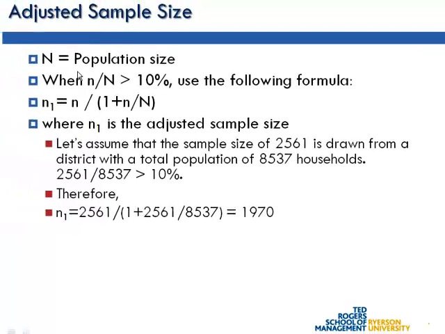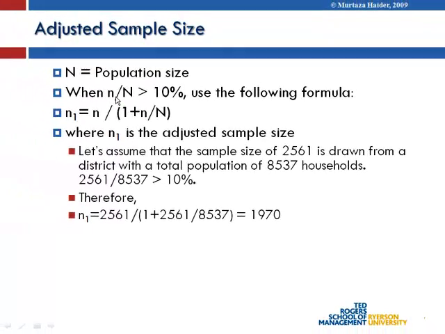So this is applicable when you realize that the sample is greater than 10% of the population, and the formula is n1 is equal to small n divided by 1 plus small n divided by large N, or in actual terms, the sample size divided by 1 plus sample size divided by total population, to adjust the sample based on the population.